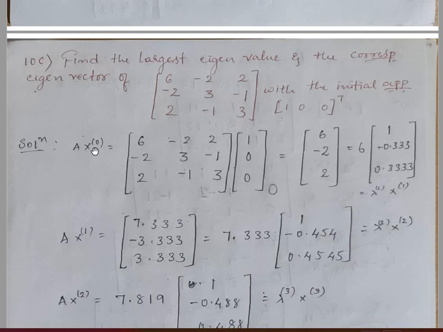So by using A x0, I got the matrix like this: 6, minus 2, 2. Here the largest value is 6. Divide this matrix by 6. I got lambda 1 and x1. Similarly, by multiplying the x1 value with A, I got lambda 2, x2. Now multiplying the x2 value with A, I got lambda 3, x3.